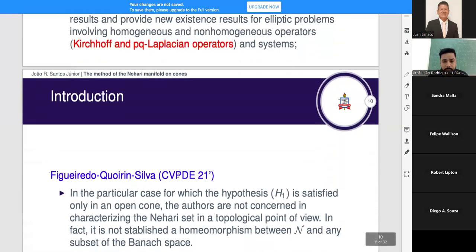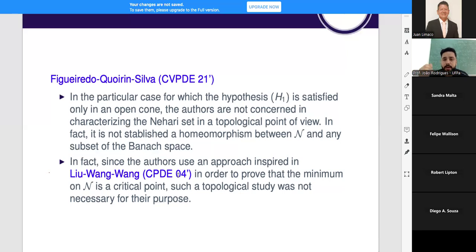But in the particular case for which the hypothesis H1 is satisfied only in the open cone, the authors are not concerned with the study of the topology of the Nehari set, in order to answer some questions like: if we don't have the hypothesis H1 for all functions belonging to the Banach space, as in the work of Zhang and Webb, and if we have H1 only for an open cone of the Banach space, in this case can we prove that the Nehari set is still homeomorphic to some C1 manifold of the Banach space?